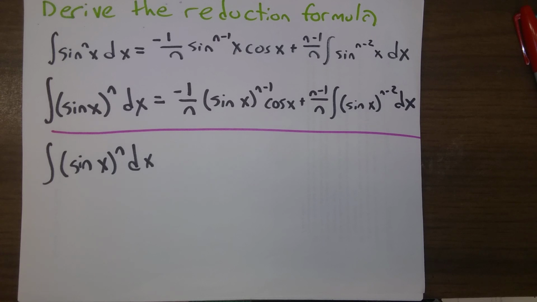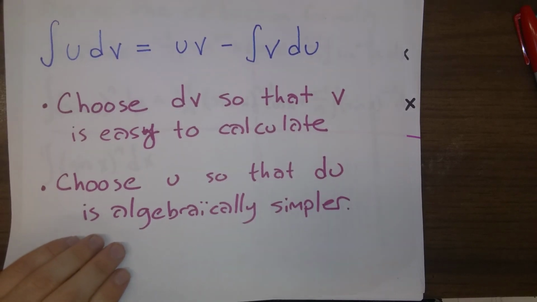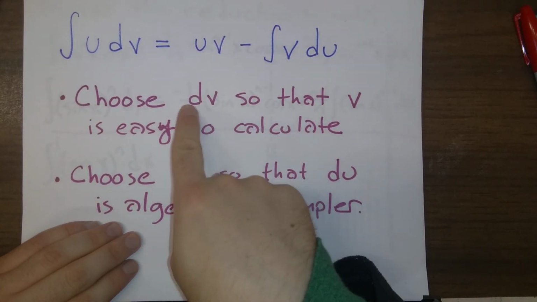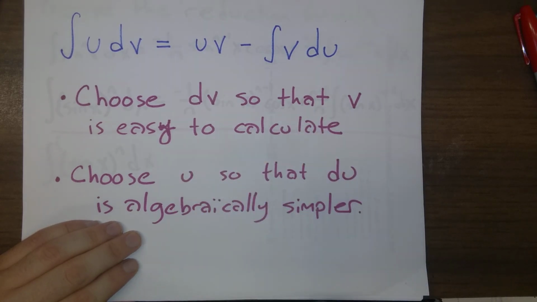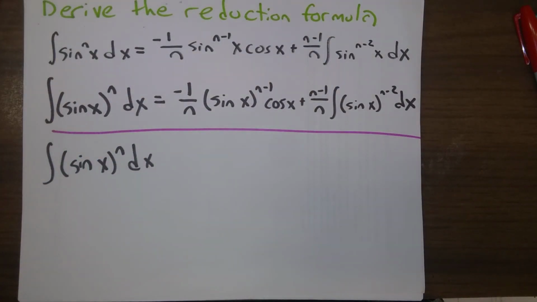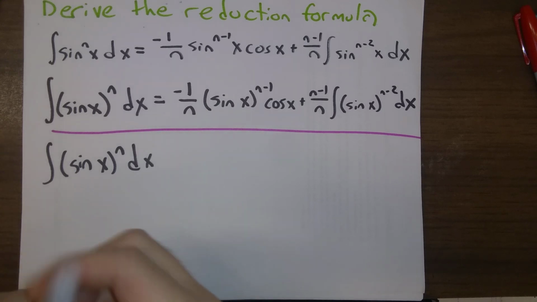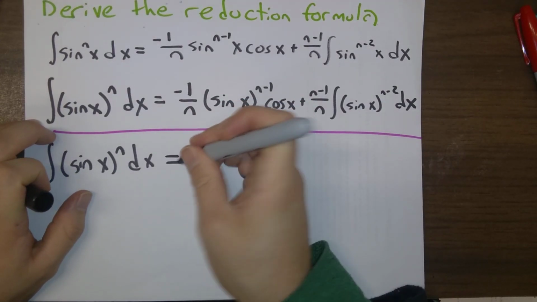There's no obvious choices for us to make here. However, there's a little trick that we can do. Let's just remember one last time: choose dv so that v is easy to calculate. We want to choose something that's easier for us to integrate here.